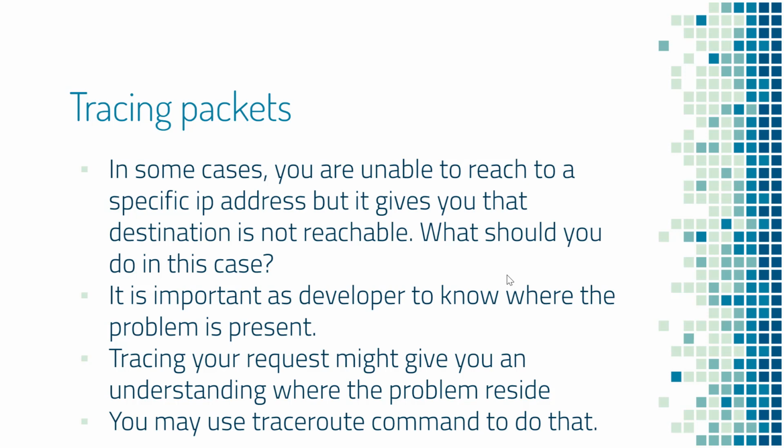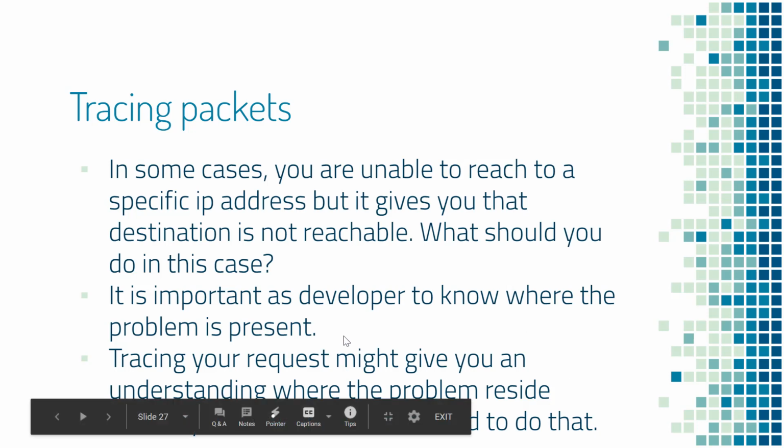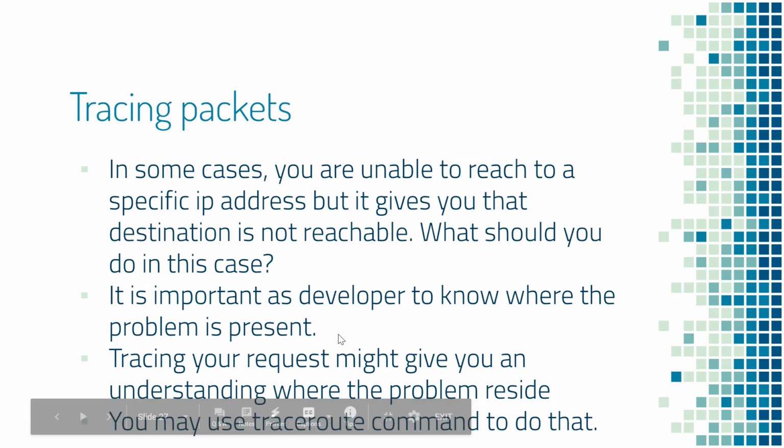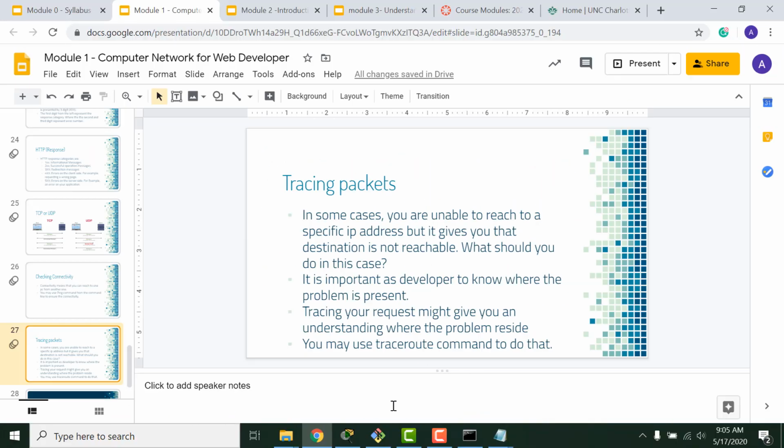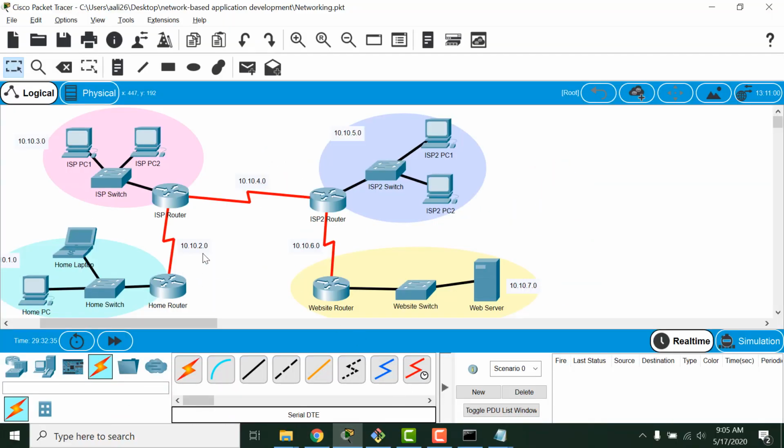So in this case, we usually use something we call trace route. Let me see what's going on here. If I want to trace my packet that goes from here to here, I want to see what are the hops that my packet used to travel from the source to the destination.